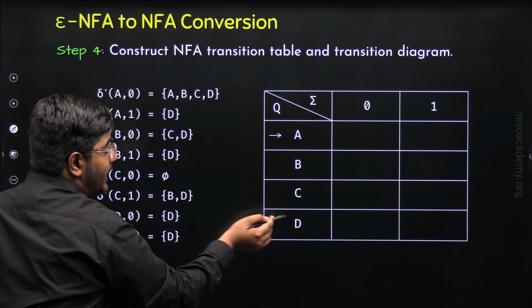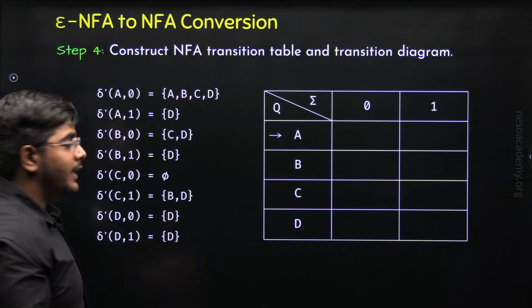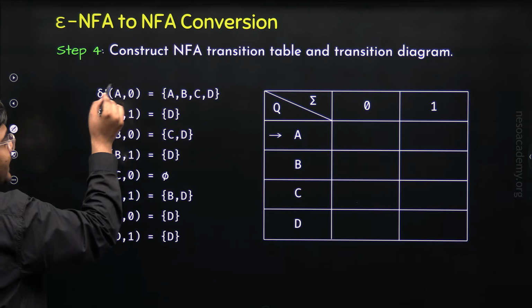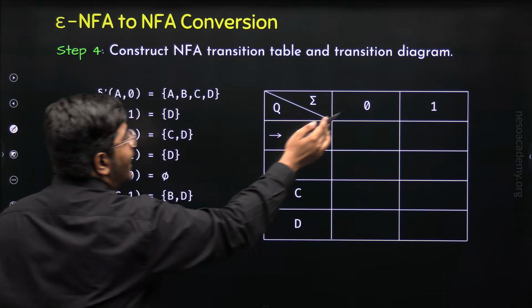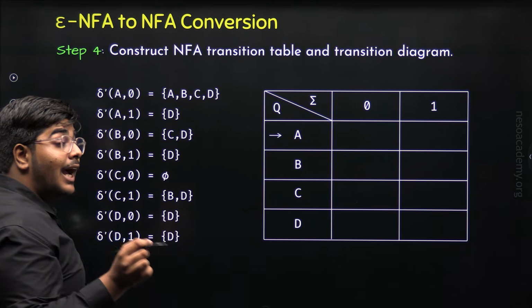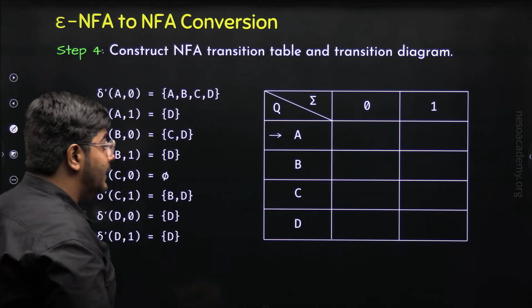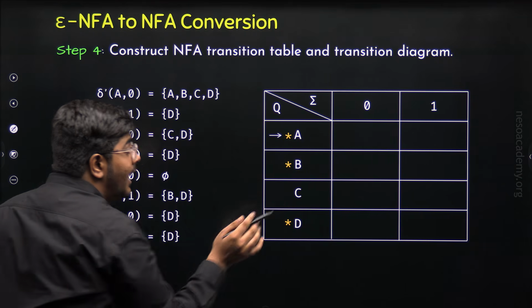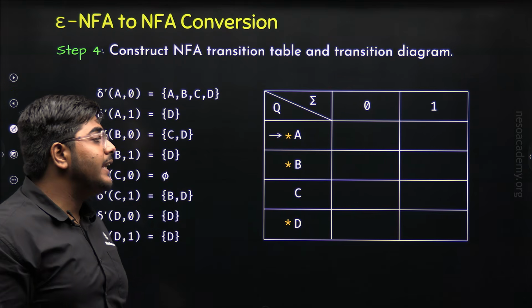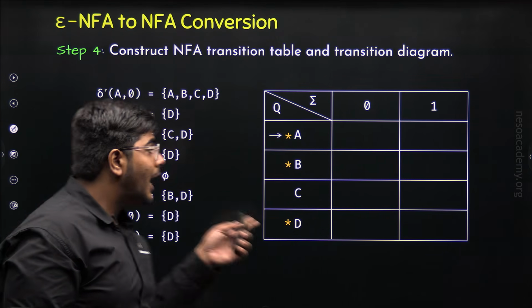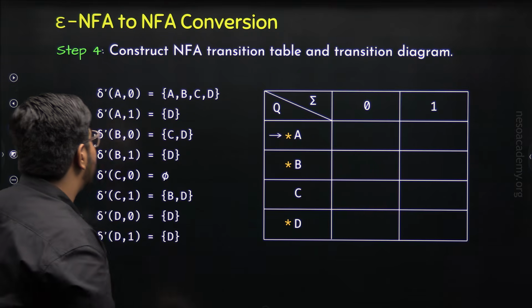A, B, C and D are the 4 states of our NFA, and 0 and 1 are the 2 input symbols. And we have just calculated that A, B and D are the final states of our resulting NFA.